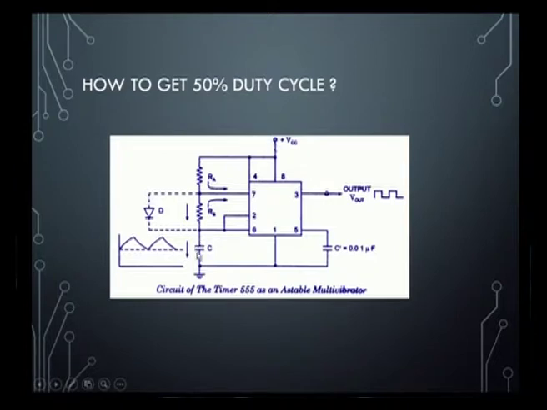This makes the charging and discharging times equal, so that we can achieve a 50% duty cycle. So, by connecting a diode across Rb, we can get a 50% duty cycle in an astable multivibrator.